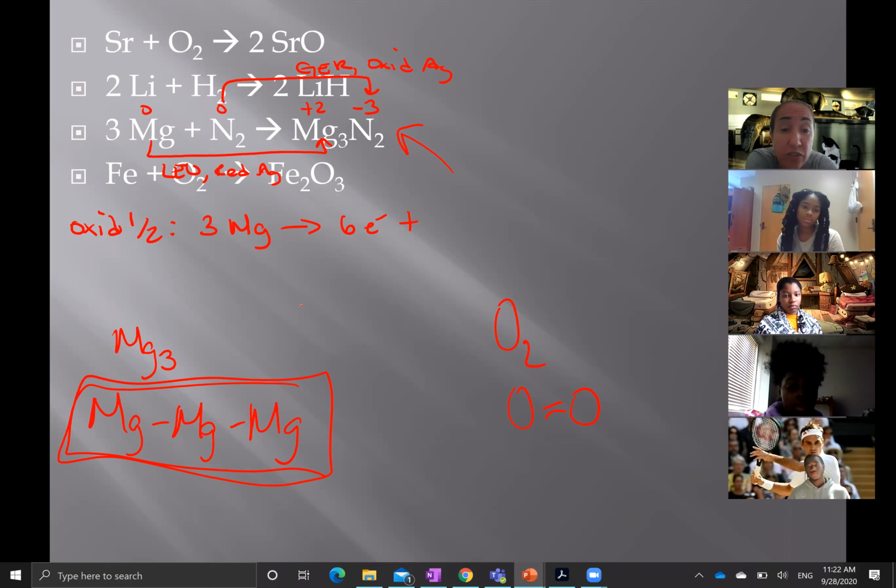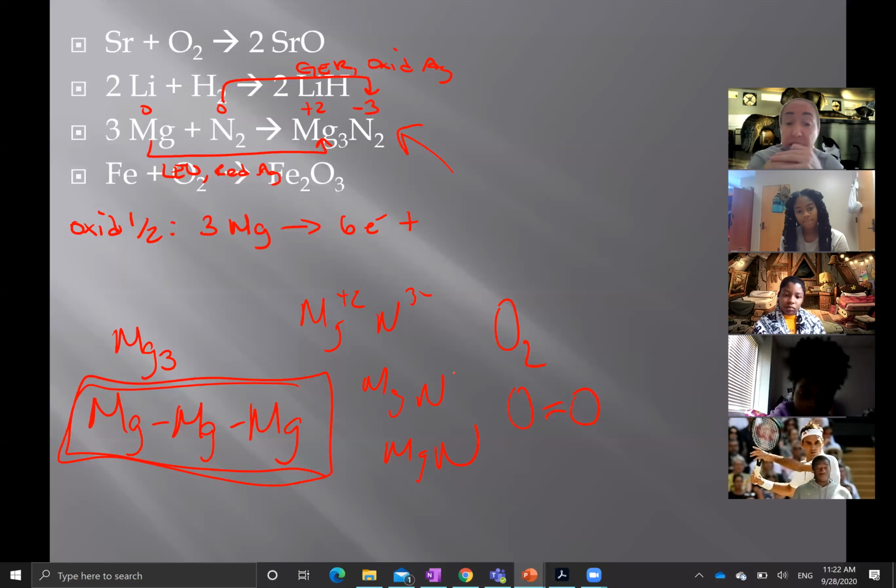What's happening here is you have an Mg 2 plus attracted to a nitrogen, which has 3 negatives. It's an ionic, so 3 minus. So it's basically 3 of these. 3 of these. It's not Mg is connected to Mg is connected to Mg.